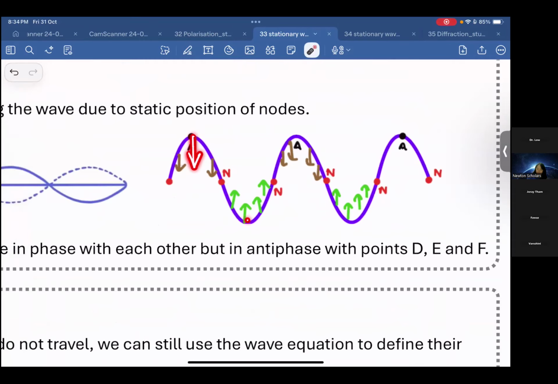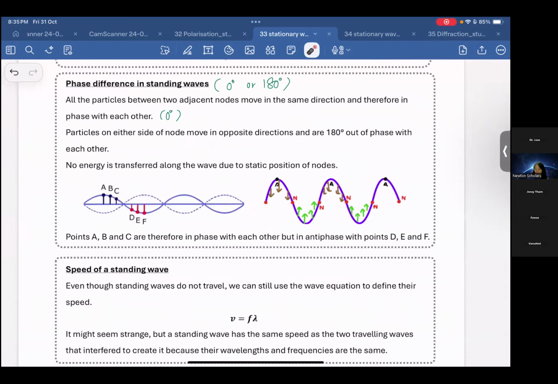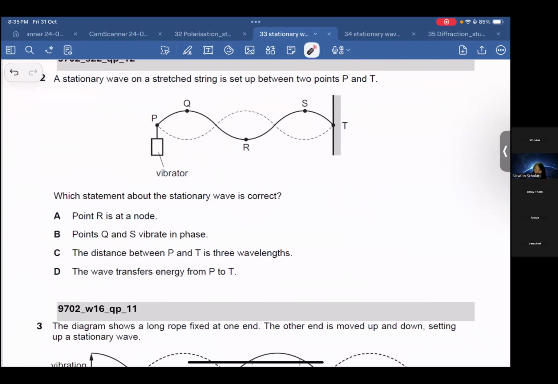This one is moving downward, here moving upward. They are 180 degrees. Between node and node, they are in the same direction. So all the green color is 0 phase, but if the green is compared with the brown, it is 180 degrees.